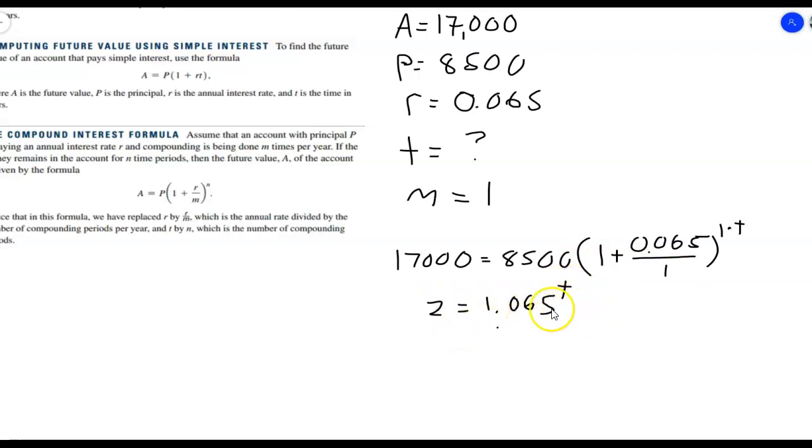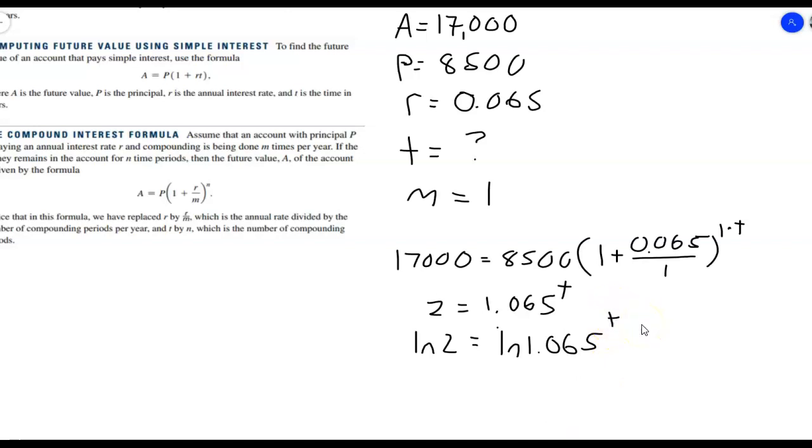Now, whenever we're solving for a variable in the exponent position, and I know this is probably something most of you haven't seen, this is the step that we're going to take. We're going to take the natural log of both sides, so you just put a little ln, and that stands for natural log. So natural log of 2 is equal to natural log of 1.065 raised to the t.